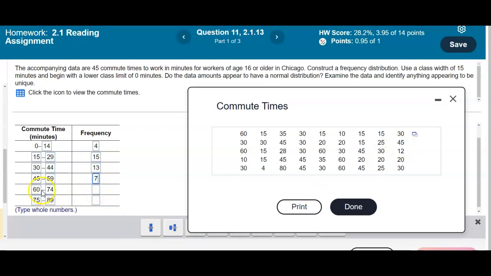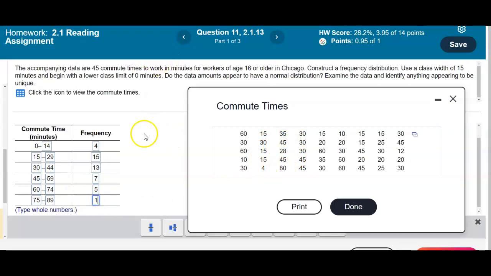There's 7. 60 to 74. 1, 2, 3, 4, 5. So there's 5. And 75 to 89. We have 1. So it looks like 1.